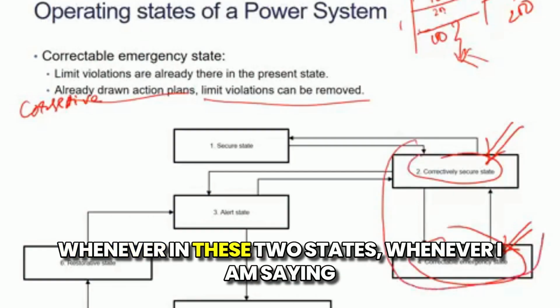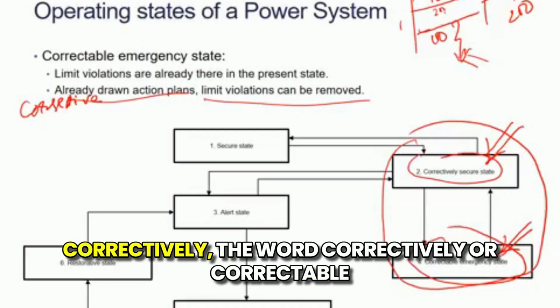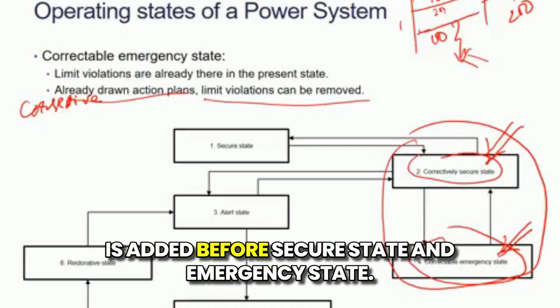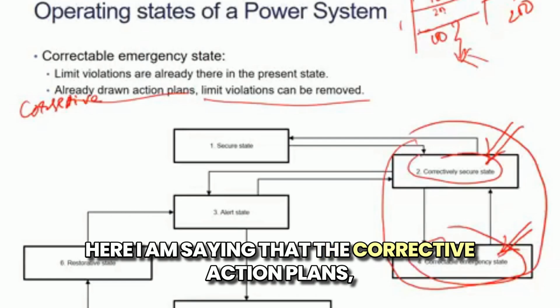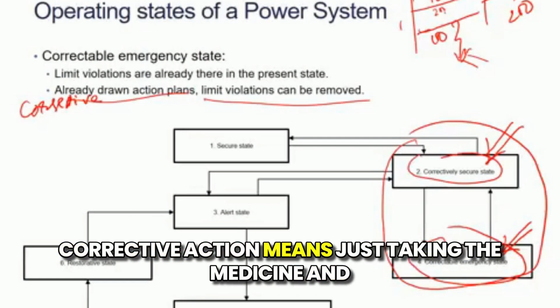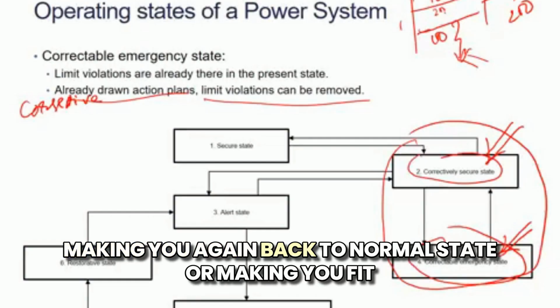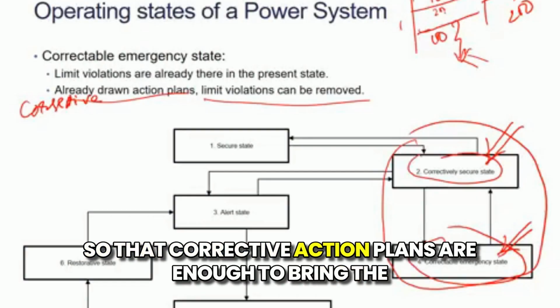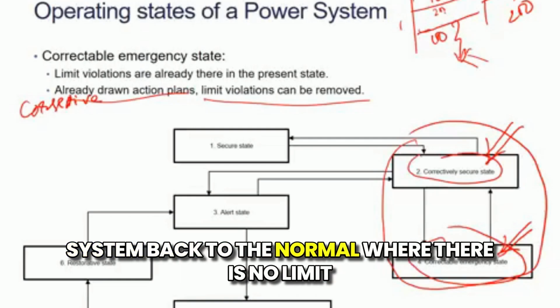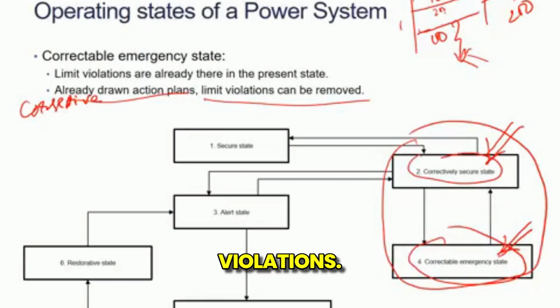Whenever the word correctively or correctable is added before secure state and emergency state, I am saying that corrective action means just taking the medicine and making you fit again. So corrective action plans are enough to bring the system back to normal, where there are no limit violations, right?